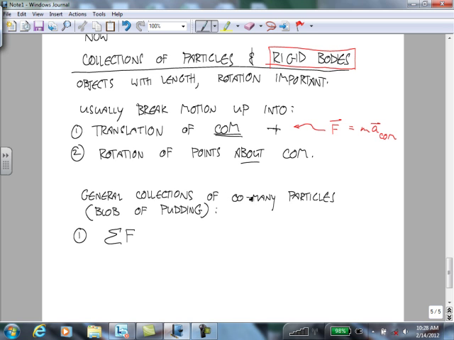We do know this. Add up all the forces on your blob of pudding, all the external forces.